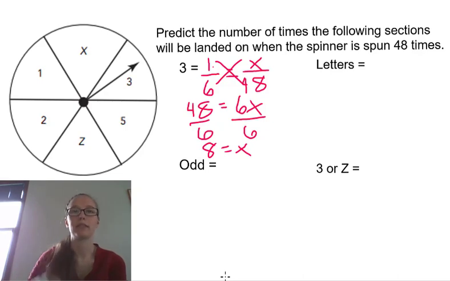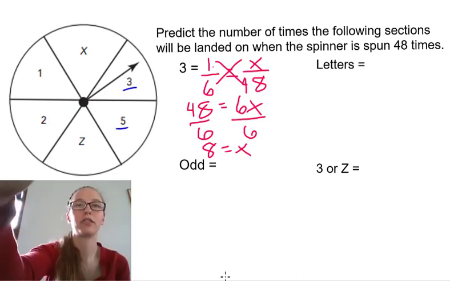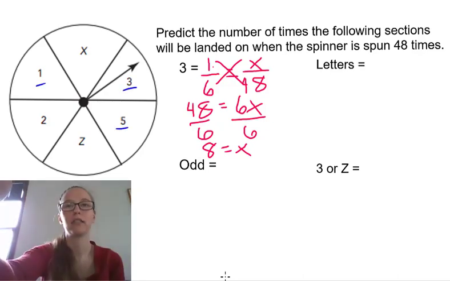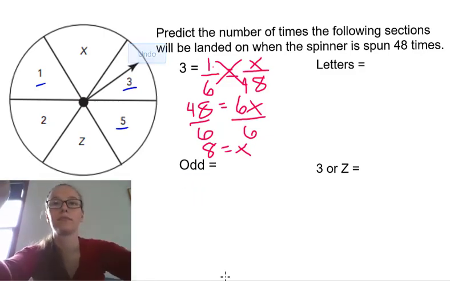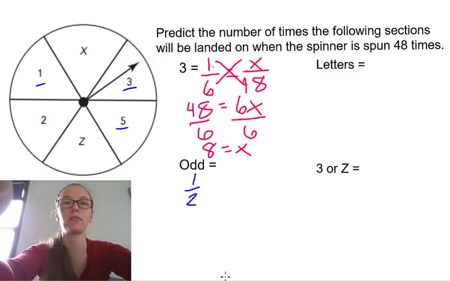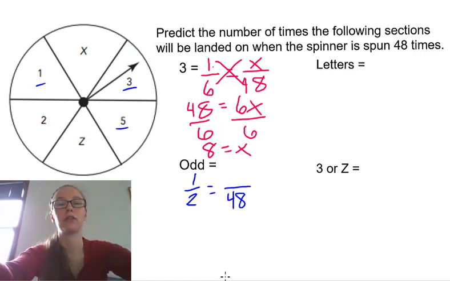Let's look at the odd numbers. So we have 1 odd number, 2, 3 odd numbers. So the probability of landing on an odd is 3/6, or 1/2, if I simplify that down, and you don't have to. And then 48 is the total, so it's going to go in the denominator.